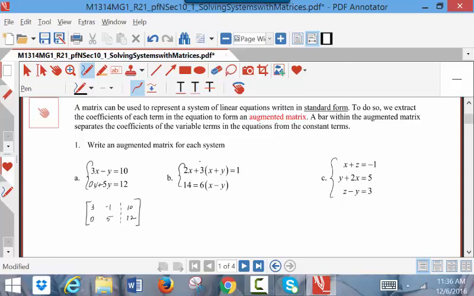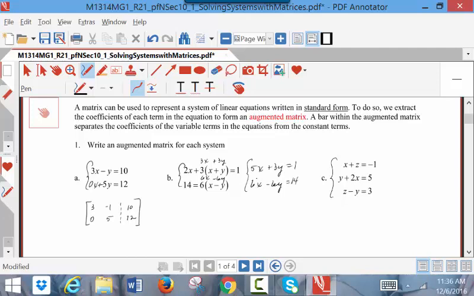Part B is kind of a mess, so I would go ahead and distribute this 3 and let this be 3x plus 3y and clean up the equation so the 2x plus the 3x is really a 5x, and then you have your 3y all equaling 1. The bottom equation, if you distribute this 6, this is 6x minus 6y, and you want your equations where the x's line up and the y's line up and the equal and the number, so you'd want to put it as 6x minus 6y equaling 14.